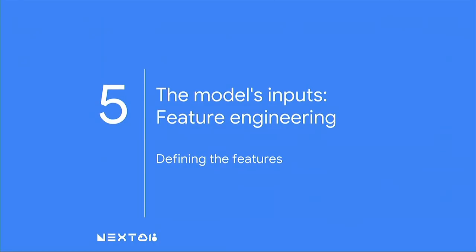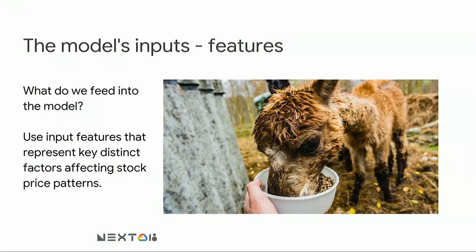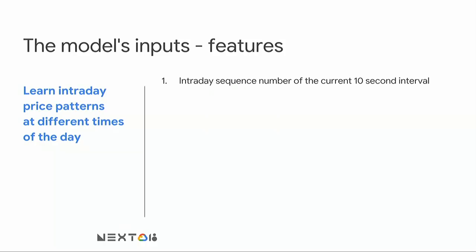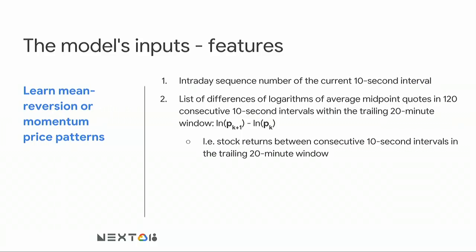OK, so let's take a look at how we build the inputs. What are we going to be feeding into the model? We're going to be defining input features based on what types of factors that affect stock returns we're trying to capture here. OK? So first, we're going to learn intraday price patterns at different times of the day. And to do this, we're going to include a feature based on the intraday sequence number of the current 10-second interval.